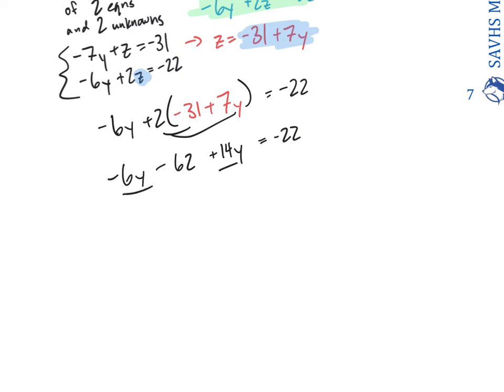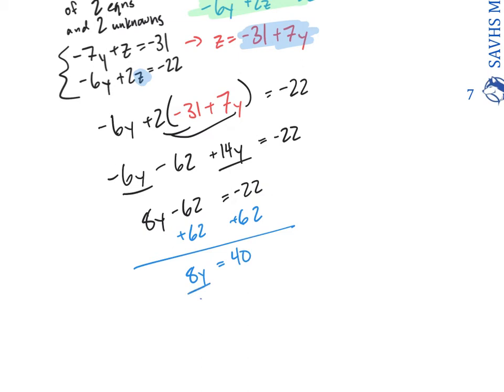Combine my like terms, and I have 8y minus 62 equals negative 22. Add 62 to both sides, and I get 8y equals 40. Divide both sides by 8, and I get y is 5. Yay. Okay, so now I have an answer.